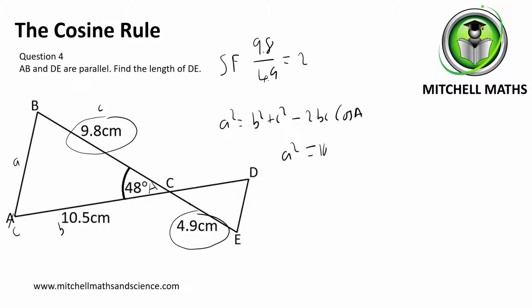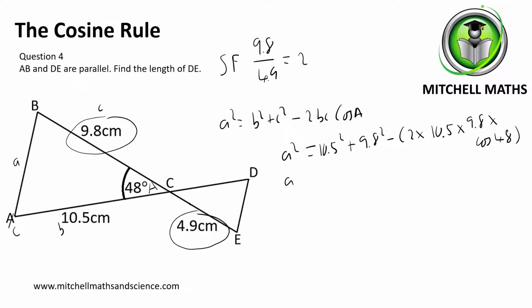Now that I've changed the labels, I can plug the numbers into the formula. B is 10.5 squared, plus 9.8 squared, minus 2 times 10.5. You don't actually need to put brackets on because the multiply happens before subtracting, but I just tend to. Cos 48.